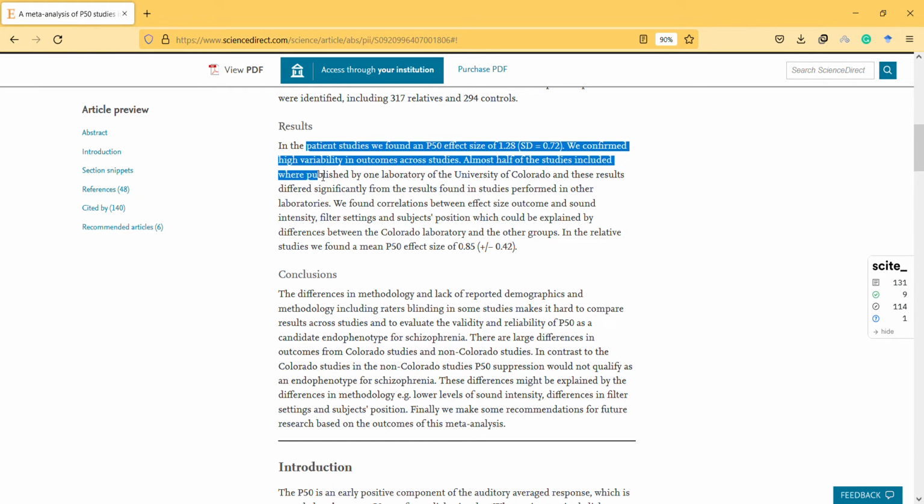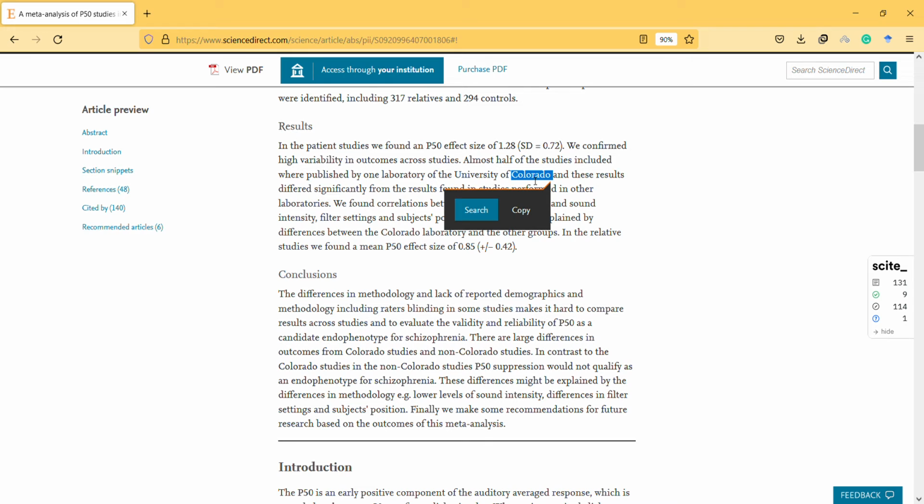In the patient studies, we found a P50 effect size of this. We confirmed high variability in outcomes across studies. It's interesting, high variability. Almost half of the studies included were published by one laboratory of the University of Colorado. So I think there's one professor famous on this.